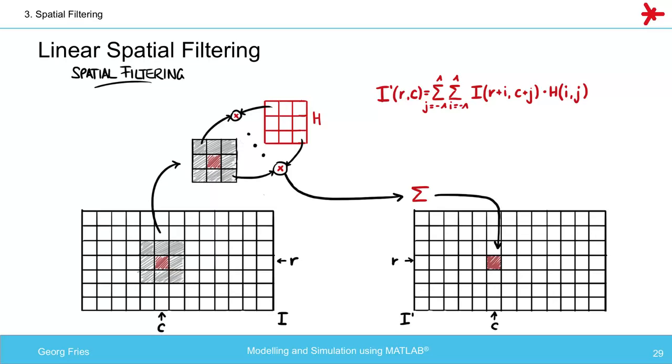Linear filtering is illustrated in this picture using a 3x3 filter kernel. The intensity of the output pixel is a linear combination of the current neighborhood pixels. The equation is evaluated for all values of the displacement variables R and C.